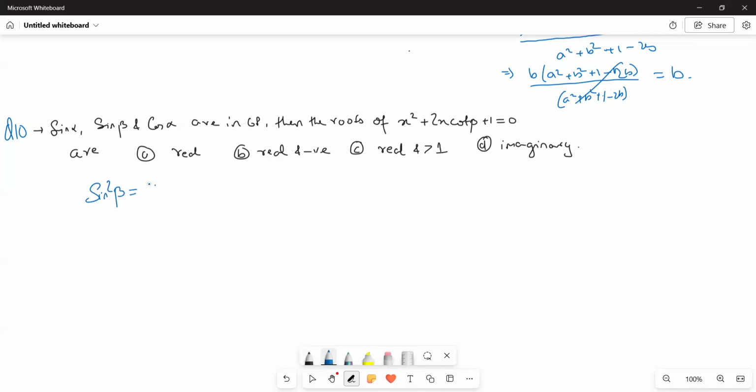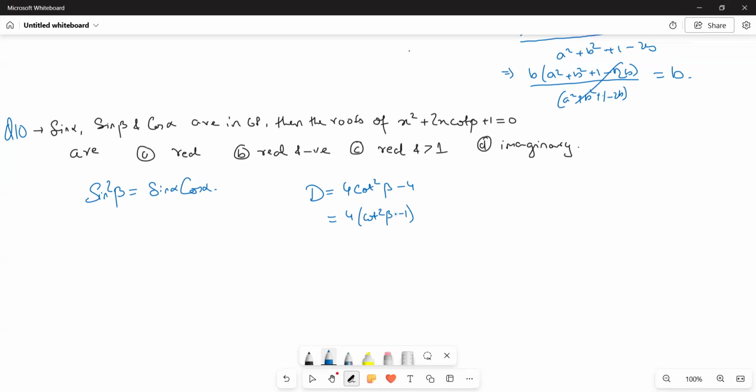Sine square beta would be sine alpha cos alpha. And since we have to comment on the nature of the roots, we look at the D of the quadratic. So D of the quadratic would be 4 cot square beta minus 4, which is like 4 times cot square beta minus 1.